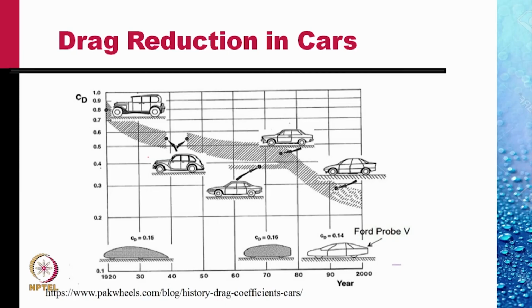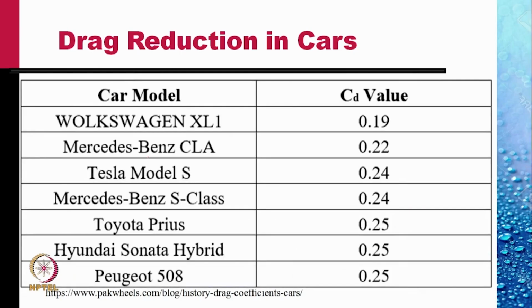It is given by drag divided by the density, the velocity squared, and the frontal area. So the more the drag coefficient, the more is the drag. And you see how the drag coefficient is decreasing. In fact, the drag coefficient of some modern day cars is so low.